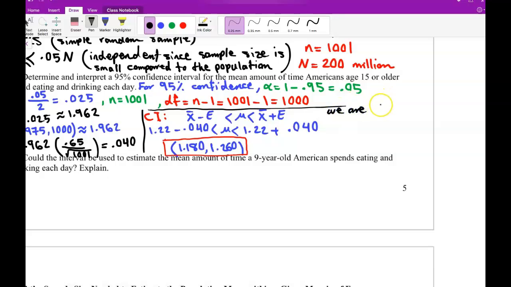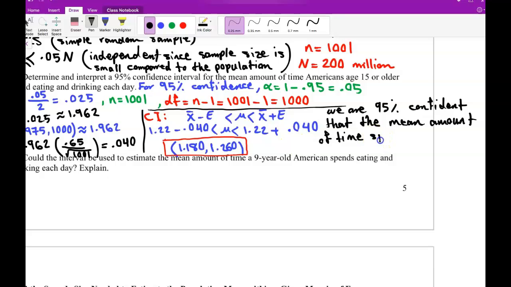So we are 95% confident that the mean amount of time spent is between these two numbers. So it's between 1.180 and 1.260.